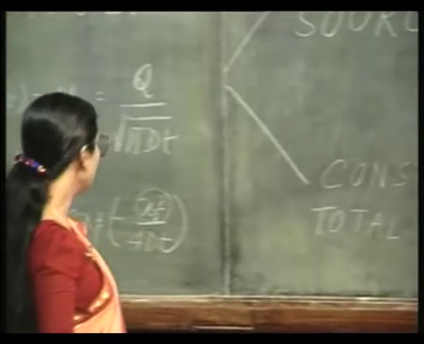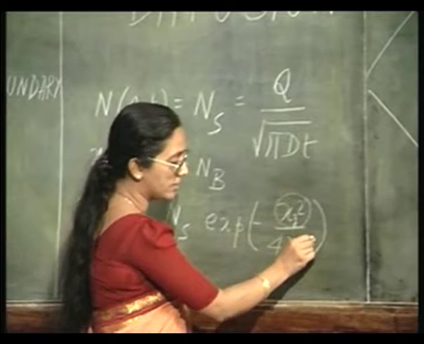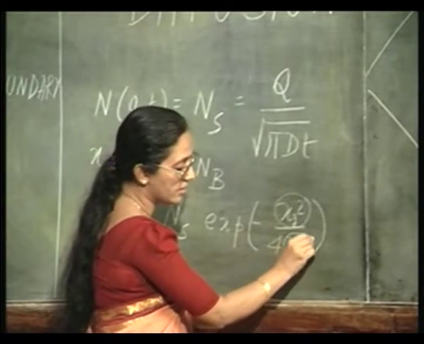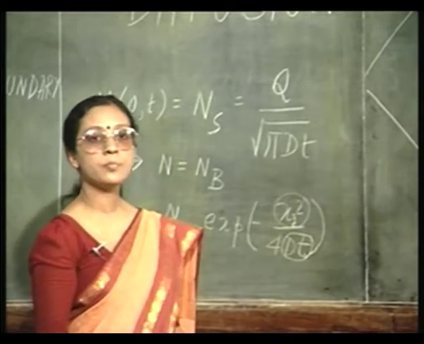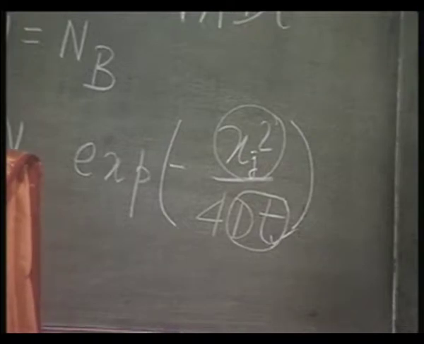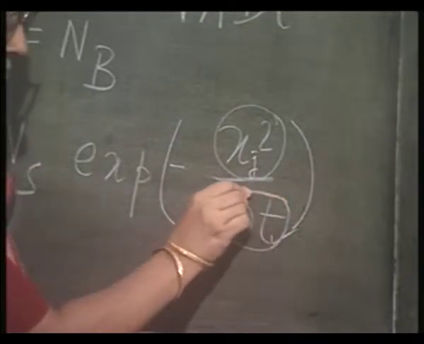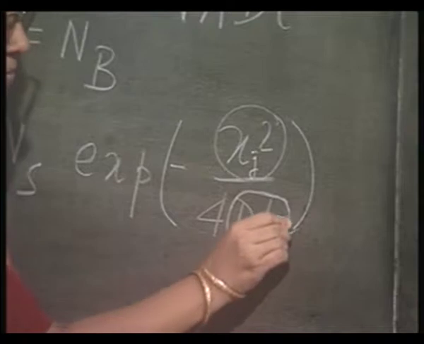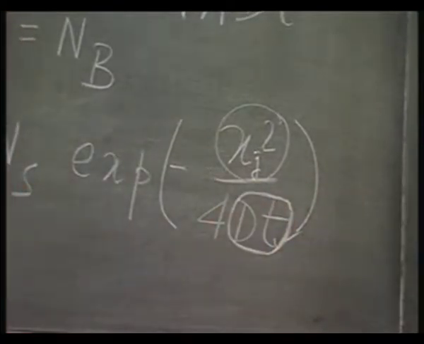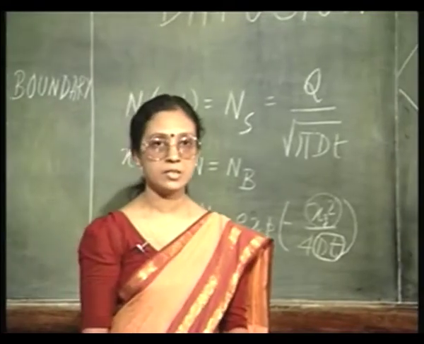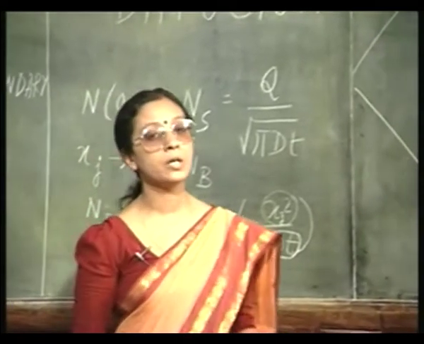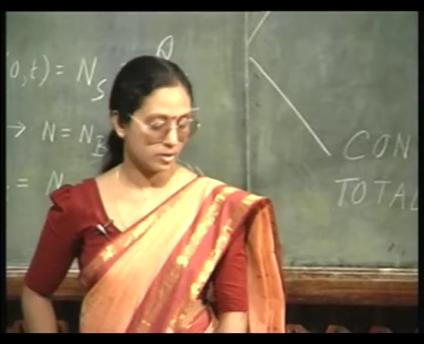And obviously, xj is going to be directly proportional to square root of Dt. So, as time increases, the junction depth is going to be larger, that is, the dopants are going to move deeper and deeper into the semiconductor material.